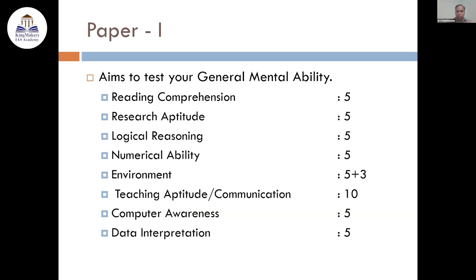So for paper one, go through the previous question papers thoroughly. With regard to computer awareness, things have slightly changed. Earlier, based on CBSE basic computer science, simple questions used to be asked: what is RAM, what is ROM, all these CPU related questions.